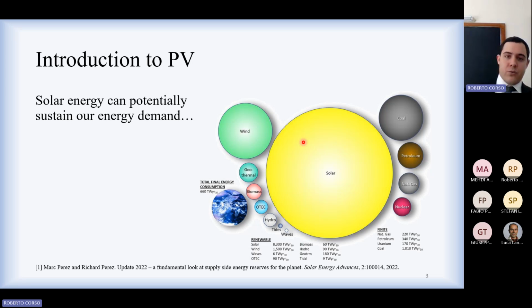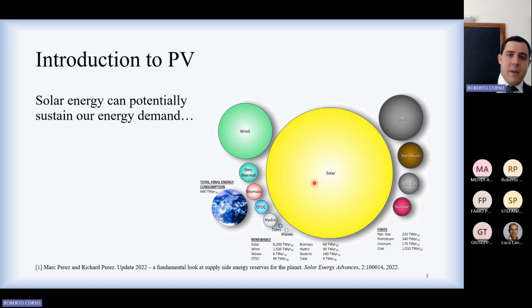But without delving too much into the details of these estimates, the main point here is that this study assumes that more or less the totality of the continental land is occupied by solar panels. This is, of course, not feasible, both economically, industrially, maybe even physically.